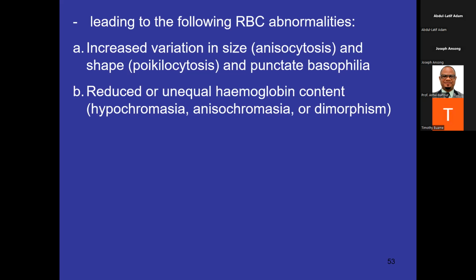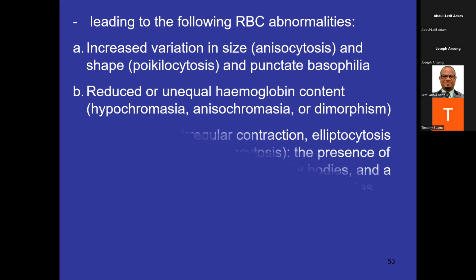Then during the staining, you will see whether there is enough hemoglobin, then you have normochromia, but when there isn't enough, you have hypochromia or anisochromia or dimorphism.